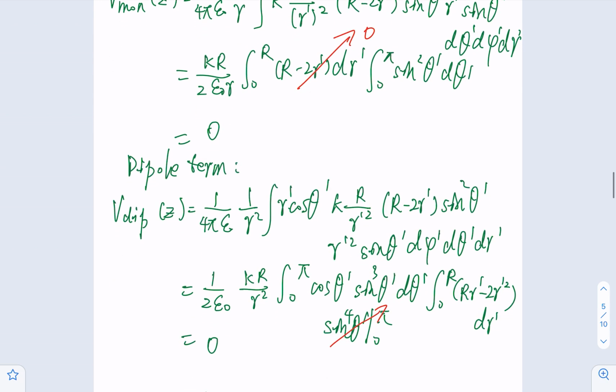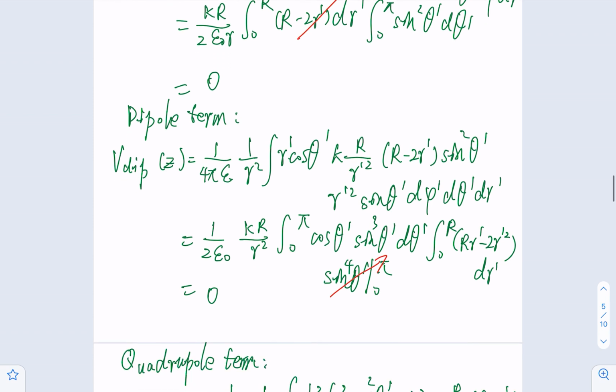And then the dipole term, we can do the same thing, except that we need to multiply this r' cosine theta' for this dipole term, and also change the order to r squared. And this time, if we separate the radial and angular parts, we actually find that the angular integral goes to 0. So the total dipole contribution is still 0.